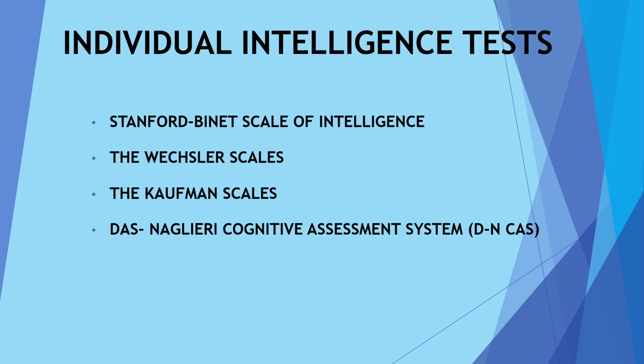There are several types of individual intelligence tests, including the Stanford-Binet scale of intelligence, the Wechsler scales, the Kaufman scales, and the Das-Naglieri cognitive assessment system. Each test has its own unique set of tasks and questions that are designed to measure various aspects of intelligence.